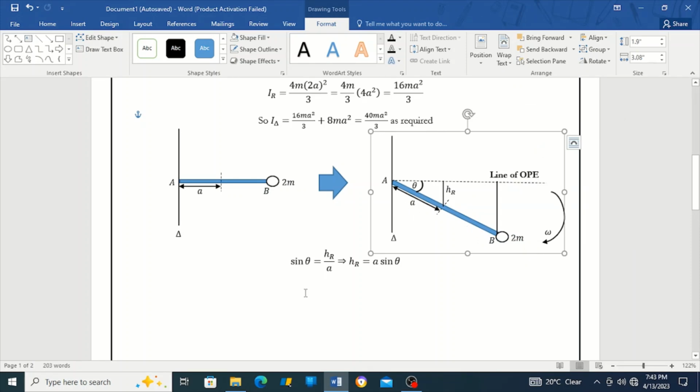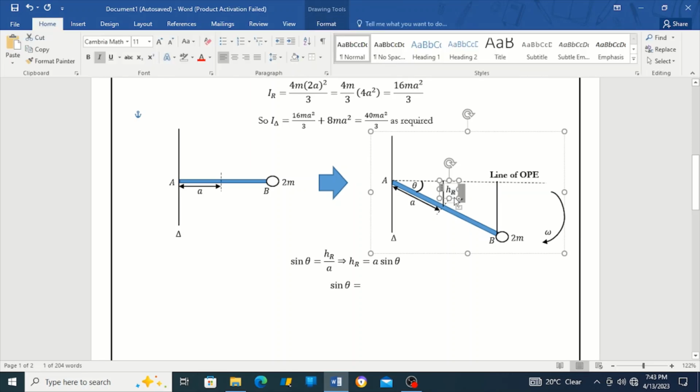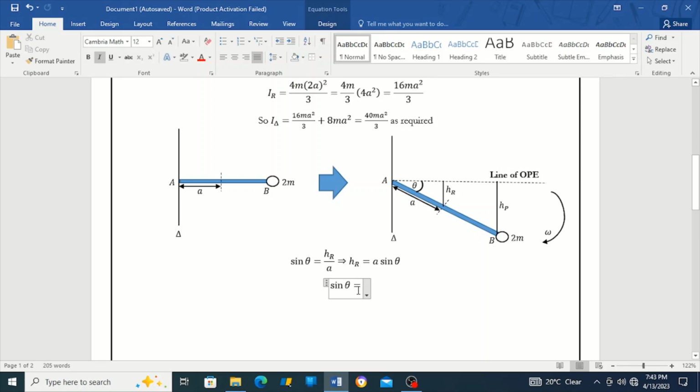If you consider the big right angle triangle, whose opposite to theta is hp, sine theta is the opposite divided by the hypotenuse. The hypotenuse is simply the length of the rod, which is AB, and the length of the rod was 2a. So we have hp divided by 2a.